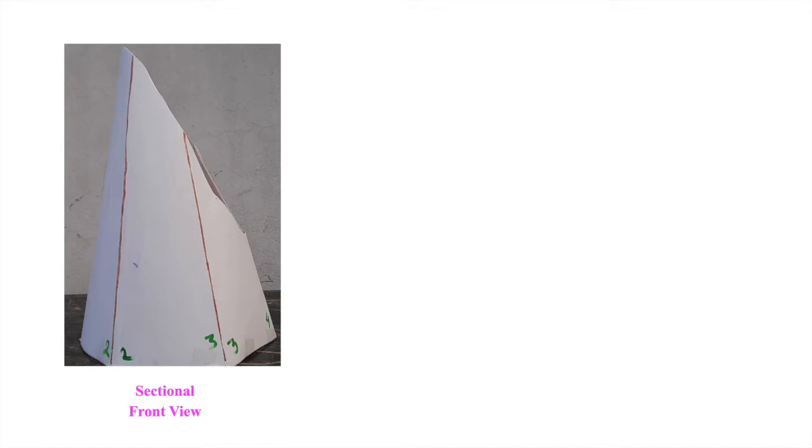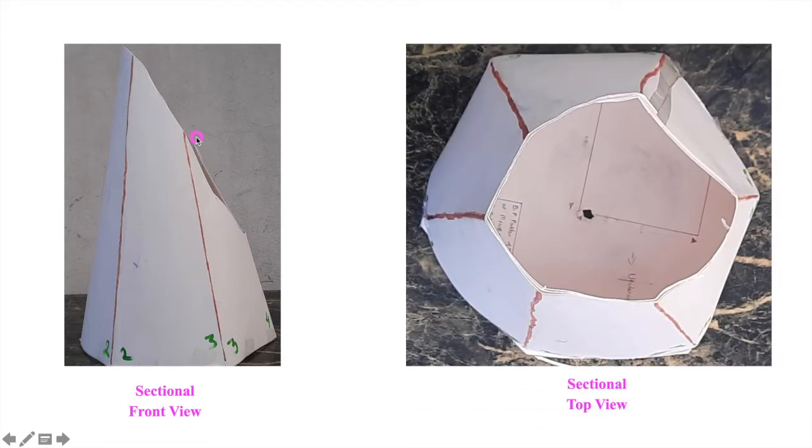After cutting, we are having this particular view in the front and this in the top. Now our step is we have to draw this object practically. Means we need to know what's the drawing method.